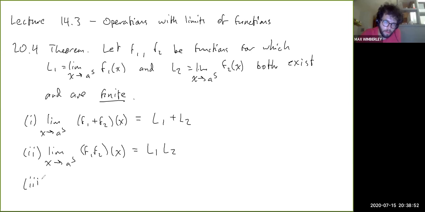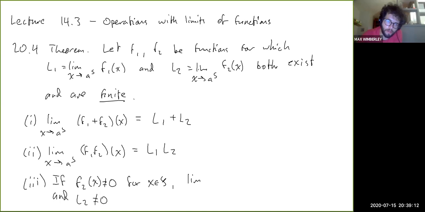And if f2 of x is not equal to 0 for x in S, and if L2 is not equal to 0, then the limit of f1 over f2 of x, as x approaches a along S, equals L1 over L2.